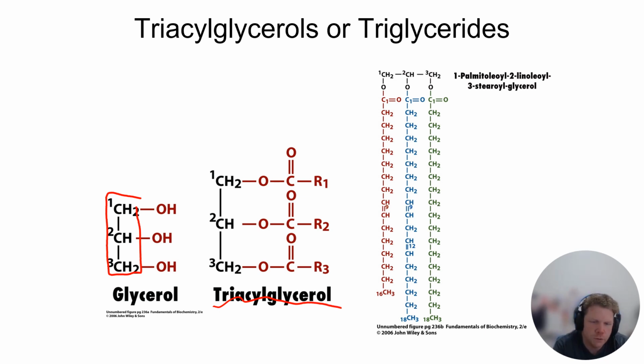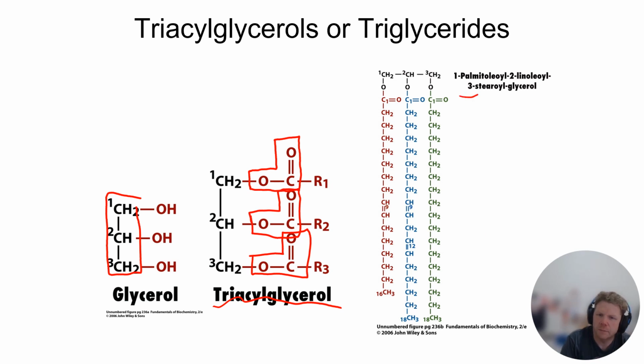These triacylglycerols are going to have, first and foremost, our carboxylic acid bound to our carbon through an oxygen. So we're going to have an ester linkage that connects each one of the carbons of our glycerol molecule to our fatty acid, to our carboxylate ion. Now here is an example of a triacylglycerol.